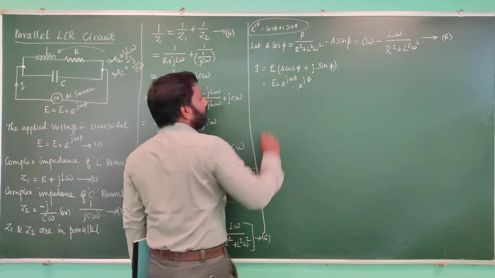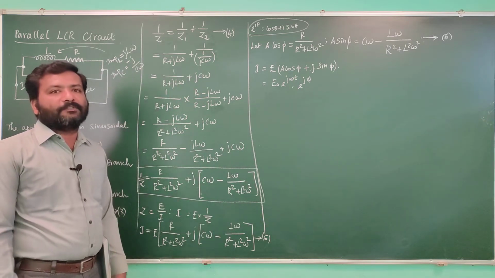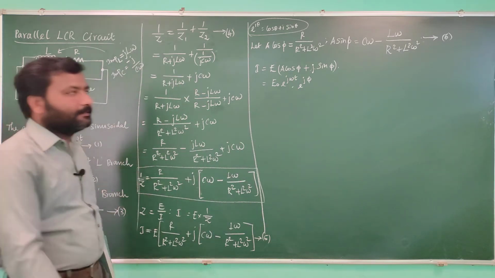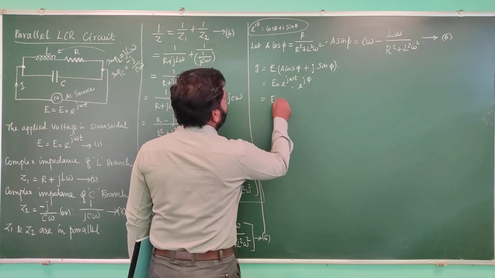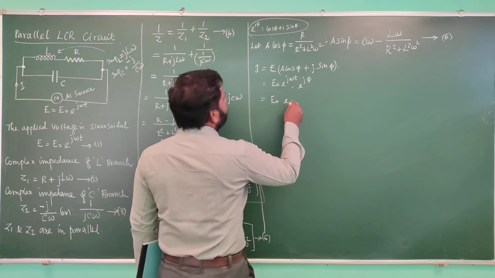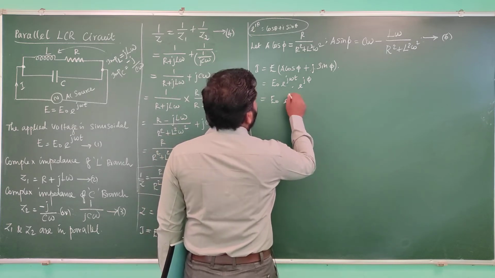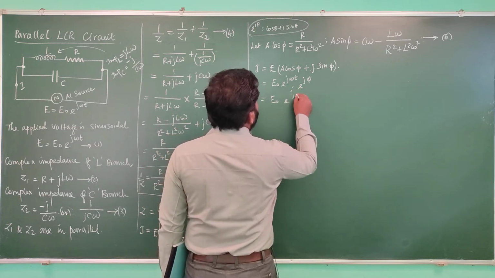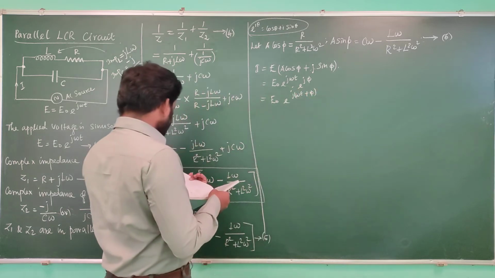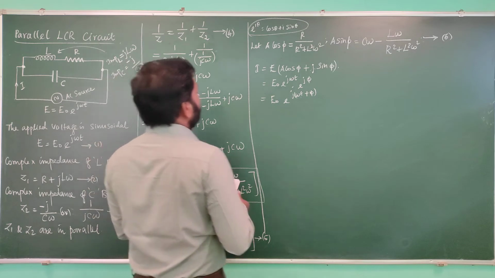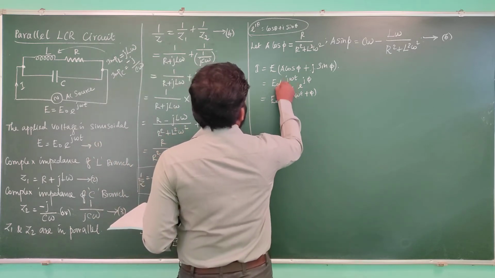And the powers of the product of exponentials can be added, right? So that you can write E naught into e power j (omega t plus phi). And the A is missed here.